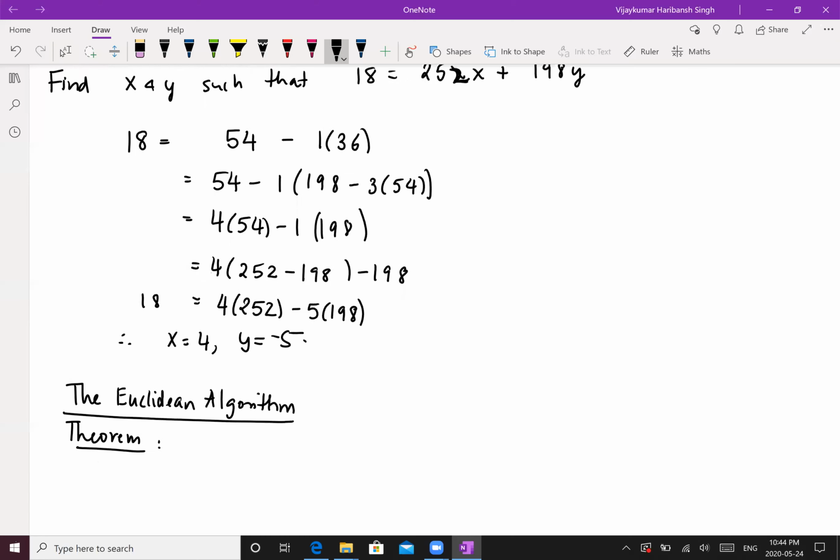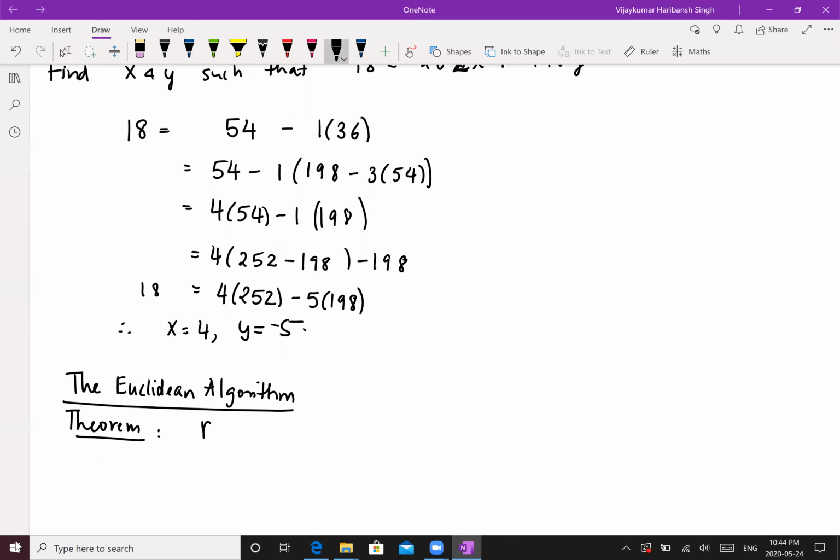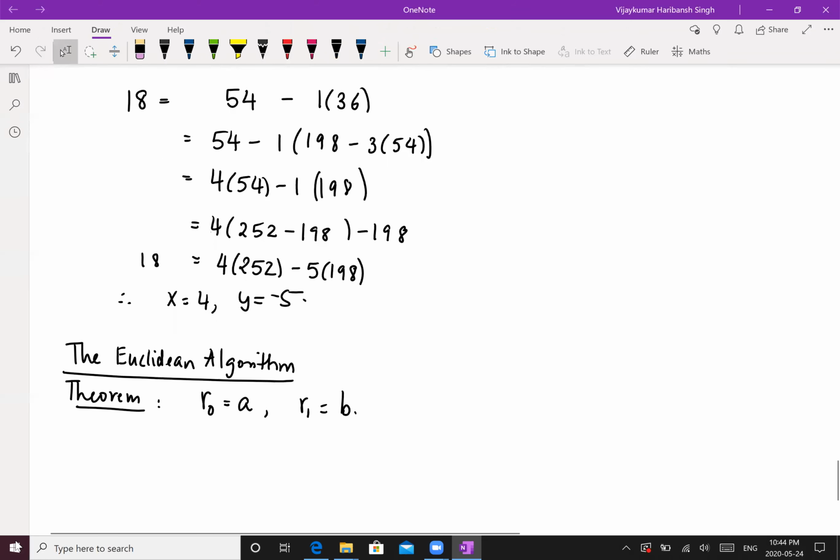It says the following: you start with R0 equals A and R1 equals B, where A and B are greater than 0. Let's just take these to be greater than 0.